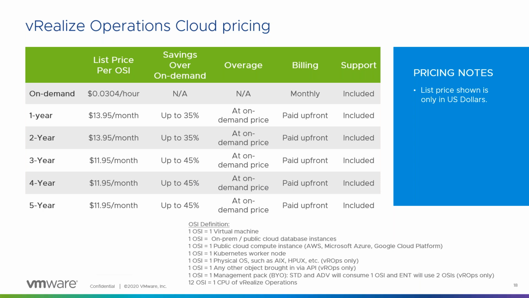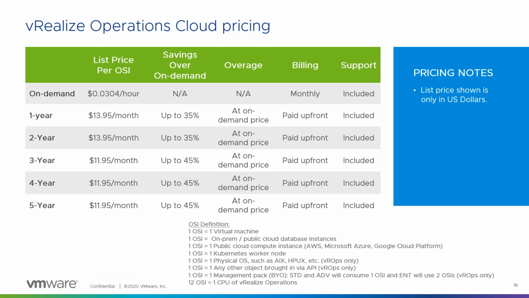For those of you joining in another country, it would be within your local currency. So 1 and 2 years is $13.95 per month per OSI, gives you a 35% savings over on demand. And then if you go with 3, 4, or 5 years, you're getting $11.95 per month, gives you up to 45% savings.